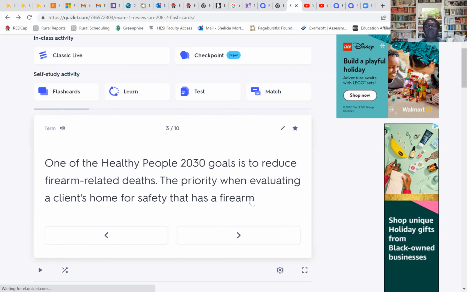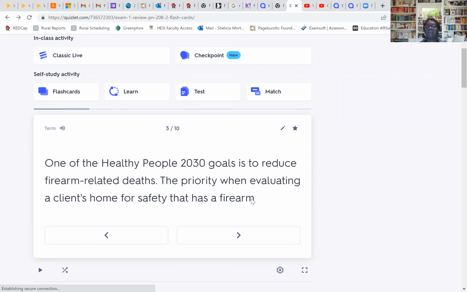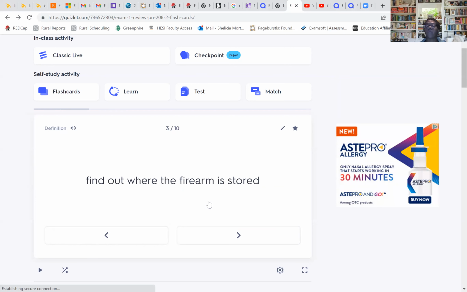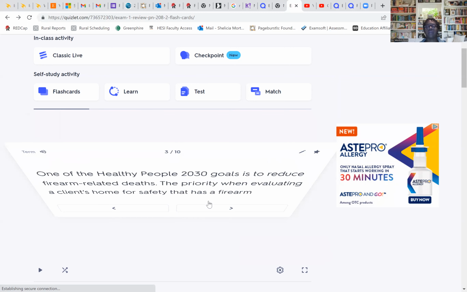One of the Healthy People 2030 goals is to reduce firearm-related deaths. The priority when evaluating a client's home for safety is to find out where the firearm is stored.